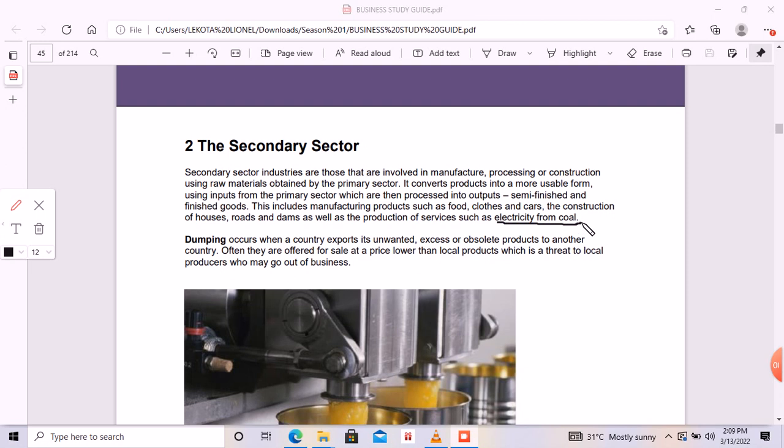When we produce electricity using coal, there is no way that we are going to reuse that coal to produce electricity again. Once it is used, it can never be reused, replaced, or regrown.